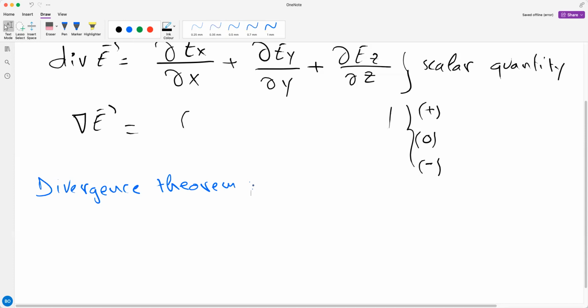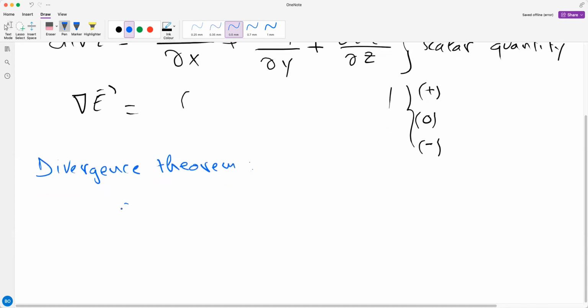The divergence theorem tells us that the volume integral over a volume of the quantity divergence of E dV, so if I take a volume and I want to calculate the volume integral of the divergence of vector E, it is equal to the surface integral over a closed surface that contains the volume for which I'm trying to calculate the divergence.